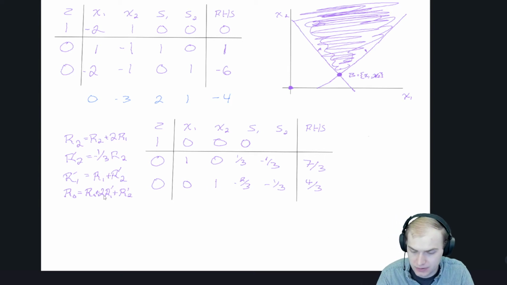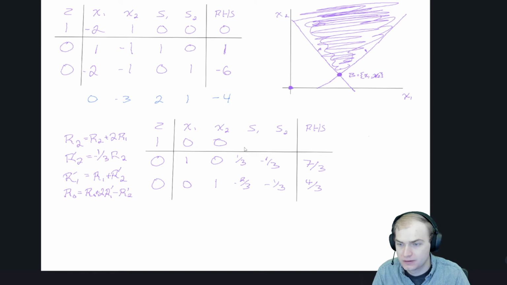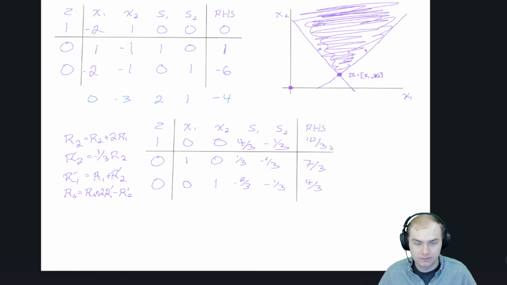So this is actually supposed to be a minus. So we end up with 2/3 plus 2/3 is 4/3. Negative 2/3 minus negative 1/3 is going to be negative 1/3. And then we have 14/3 minus 4/3 is 10/3.